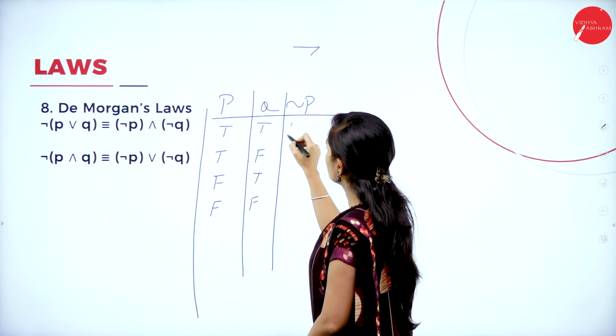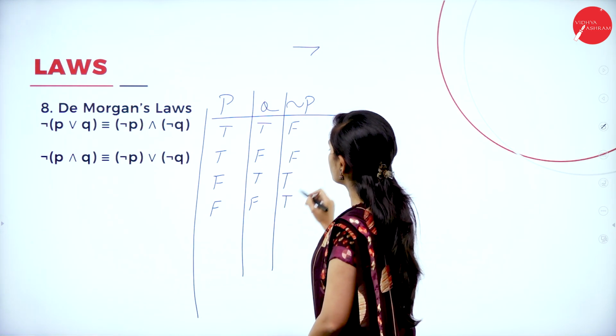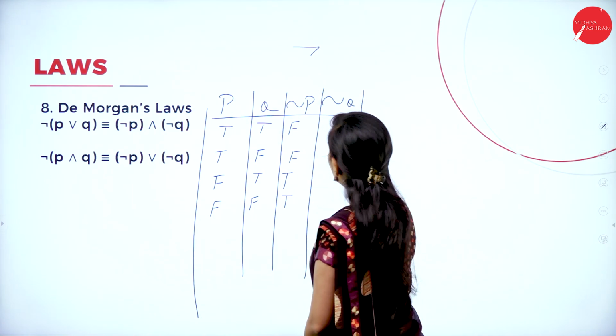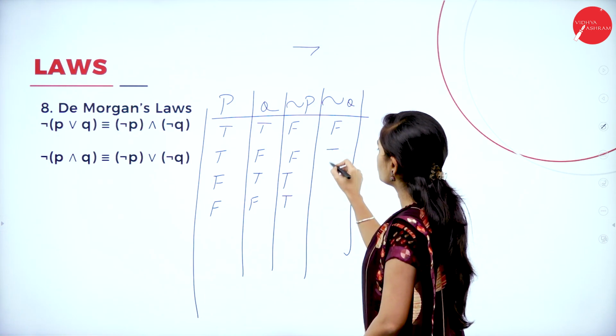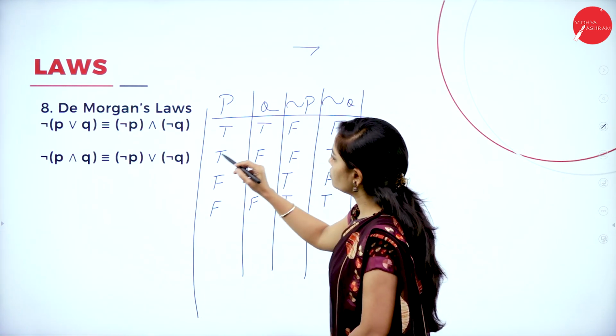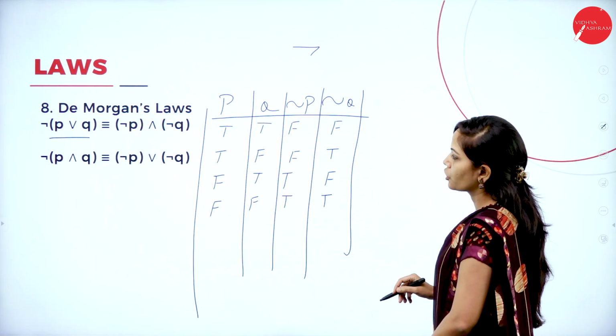Negation of this P: true changes to false, true, false, false, true, false, true. Negation Q: true, false, false, true, true, false, false, true. And now I will find this negation of P and Q.